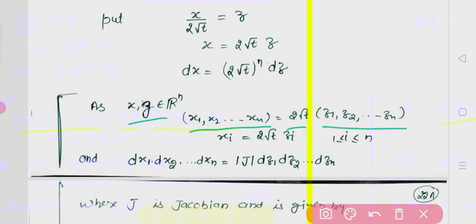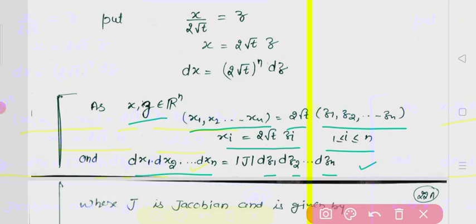Or you can say that xi will be equal to 2 root t zi for i equal to 1 to n. And if you find the value of dx1 dx2 dxn, that will be equal to the mod of the Jacobian into dz1 dz2 dzn, as you have already studied in multiple integrals.